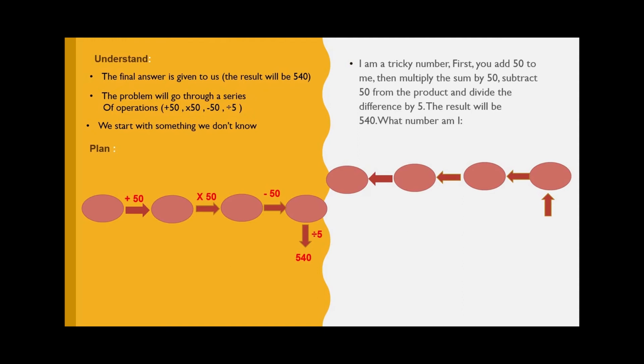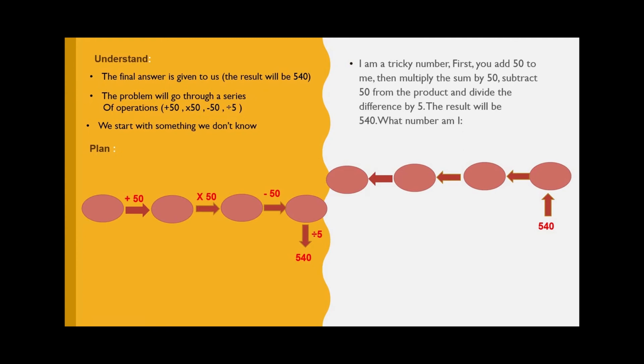The result is multiplied by 50. Subtract 50 from the product and divide the difference by 5, and the result will be 540.